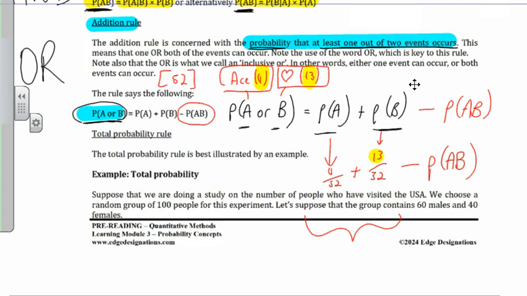But I've got to subtract the probability, because remember, there is one card in that pack that is both an ace and a heart. I've got to extract that from my probabilities. Okay, and by the way, I'll just show you that quick. What is that probability of it being an ace and a heart? Well, that's only 1 out of 52, because this is only one card that is both an ace and a heart. Okay, hopefully you guys have got a bit of a sense then of the addition rule.